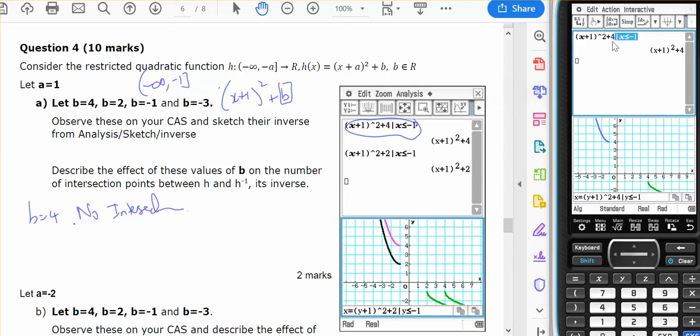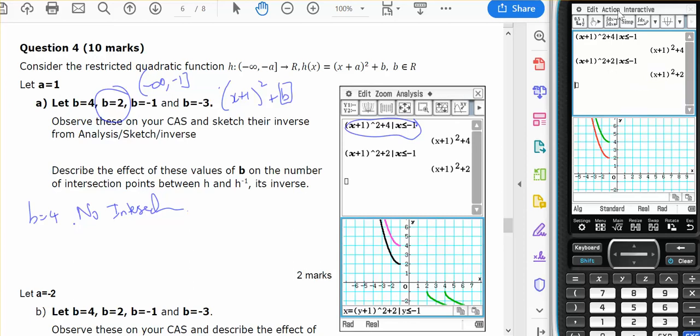Okay, so now I'm going to take this and change my b to equal 2, which is the second thing that it's asked me. If I drag and drop, it's just been moved down 2 units because the 4 has become 2.